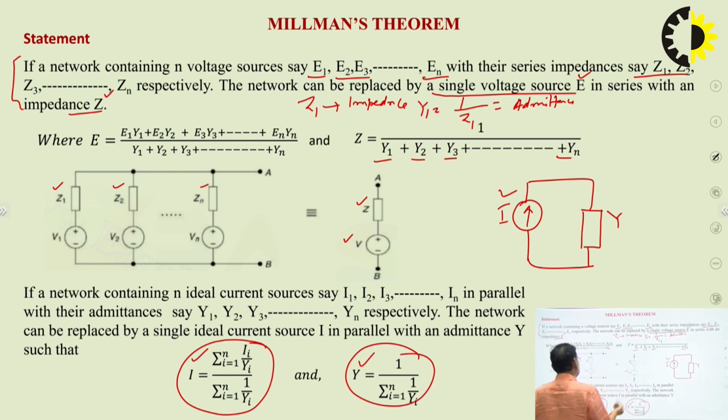So, n current sources having magnitudes I1, I2, In in parallel with admittances Y1, Y2, Y3 can be replaced by this simple network I and Y.